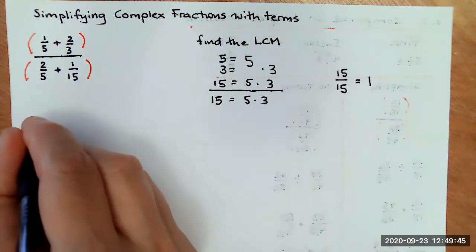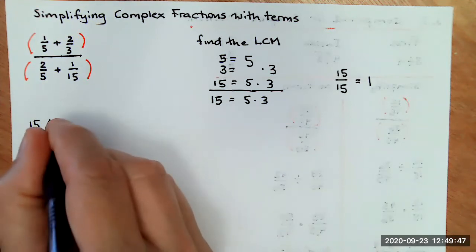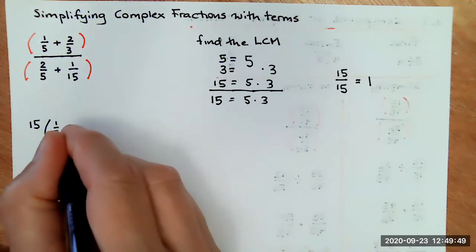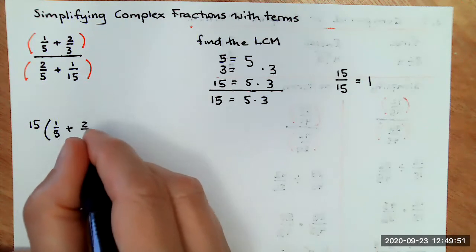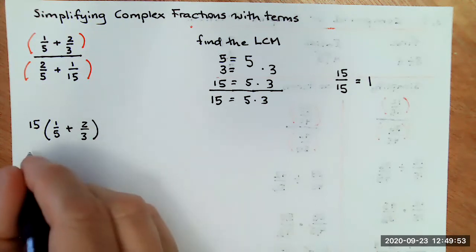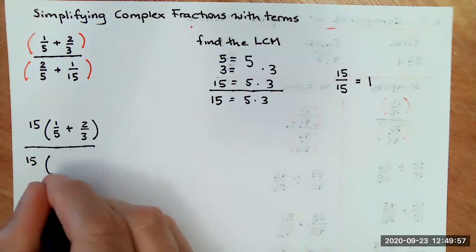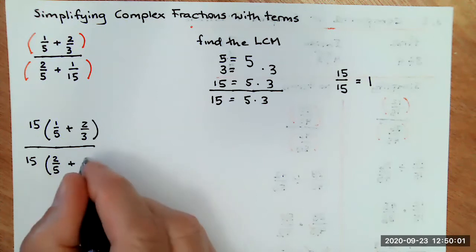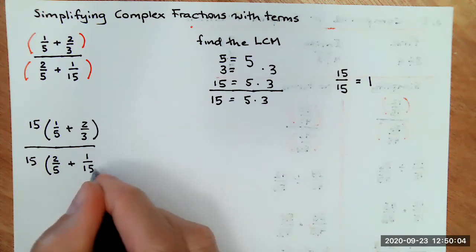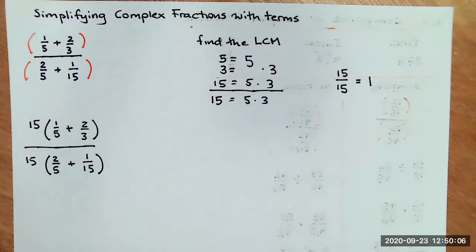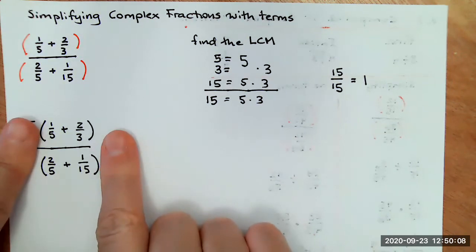So that's 15 times 1/5 plus 2/3 over 15 times 2/5 plus 1/15. So it's basically my original problem.